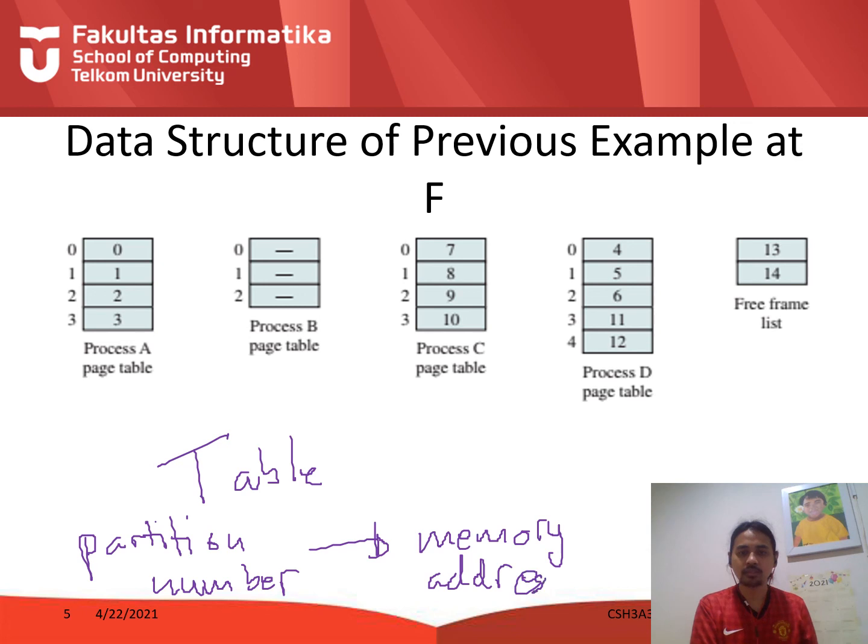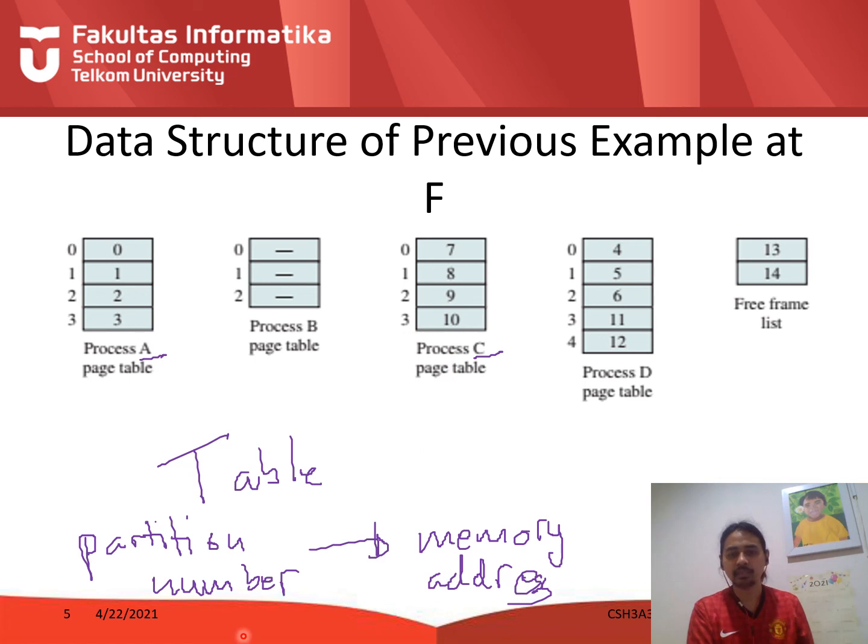For example, in process A, we have page numbers 0, 1, 2, 3. 0 is in memory address 0, 1 is in 1, 2 is in 2, and 3 is in 3. But in process C, we can see that pages 0, 1, 2, 3 are in 7, 8, 9, and so on.